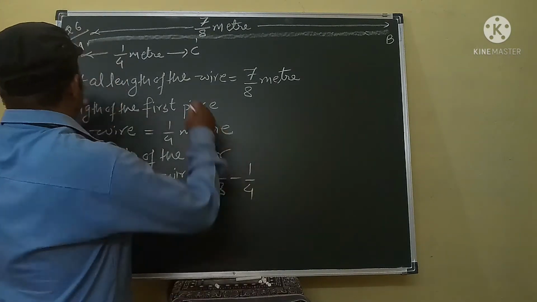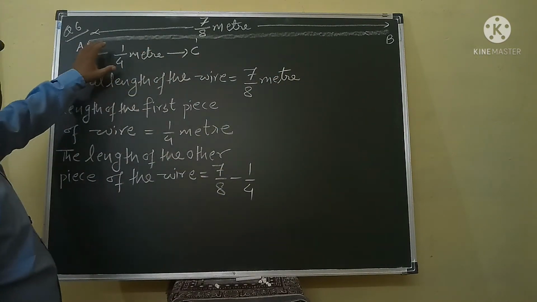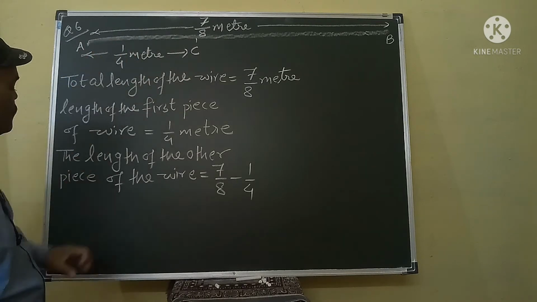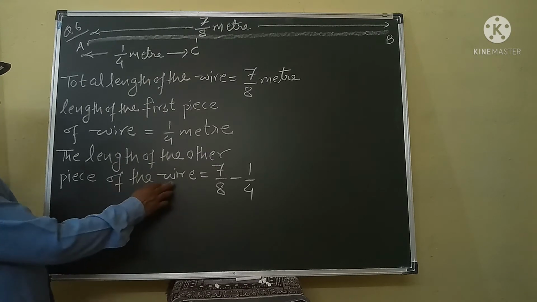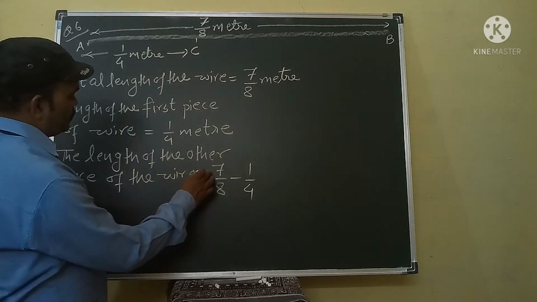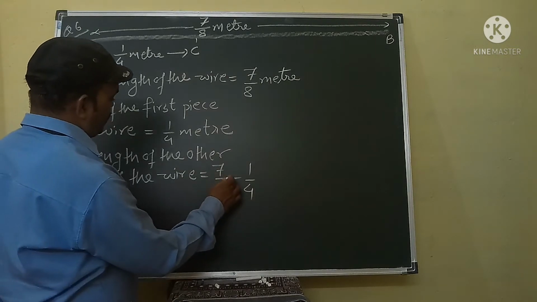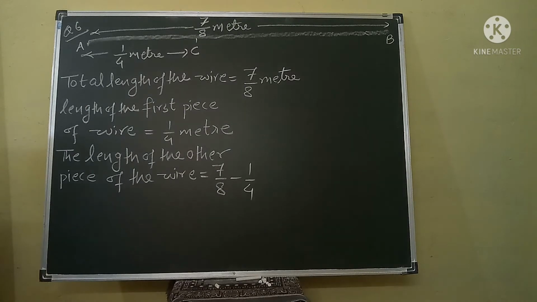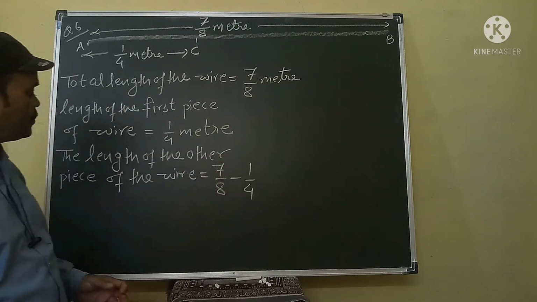That means total length of the wire minus the first piece of the wire. So the length of the other piece of the wire is equal to 7 upon 8 minus 1 upon 4.